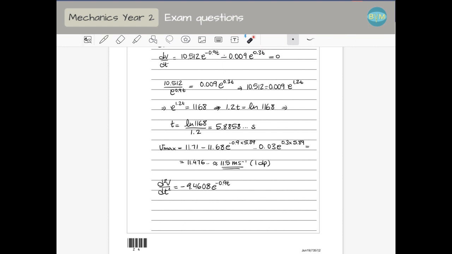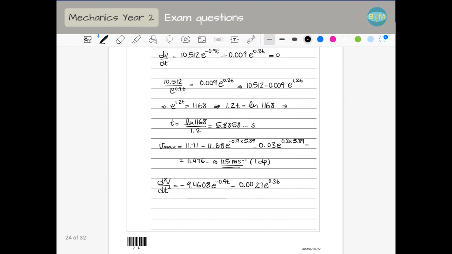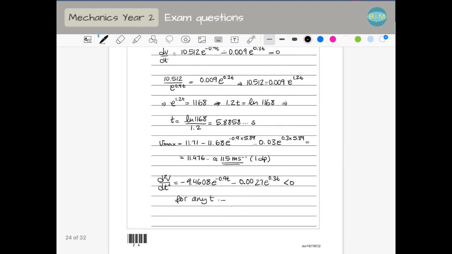And when we differentiate this one, we have minus 0.009 times 0.3, which is minus 0.0027 e to the same exponent. And this is going to be negative for any value of t. You can substitute this value of t here if you want, and it's going to be negative. So if it's negative, that means it's a maximum.